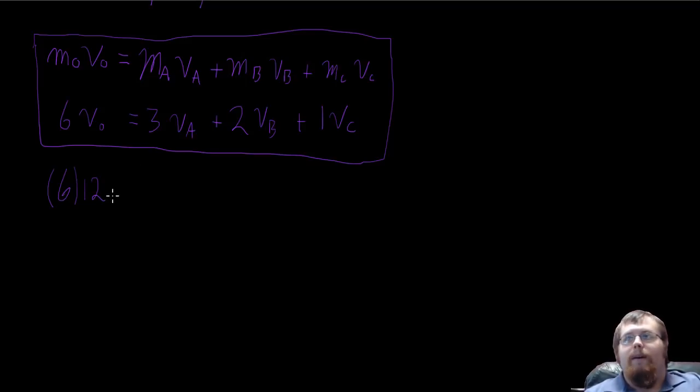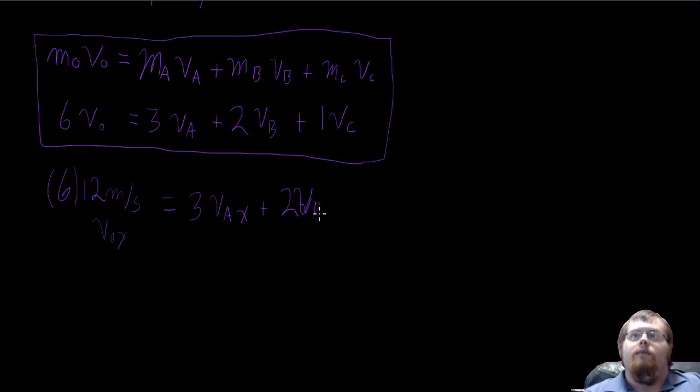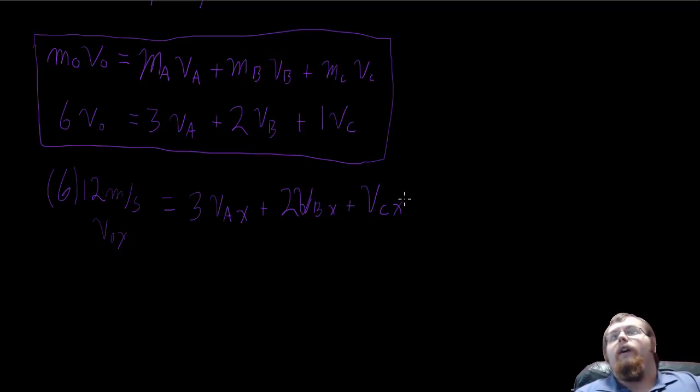These are 12 meters per second, because we're in the X direction. So this is V naught X, and this is going to be equal to 3 VAX plus 2 VBX plus VCX. Okay.